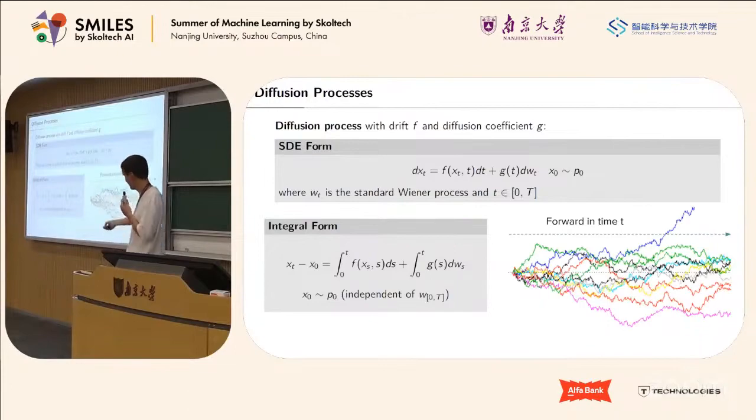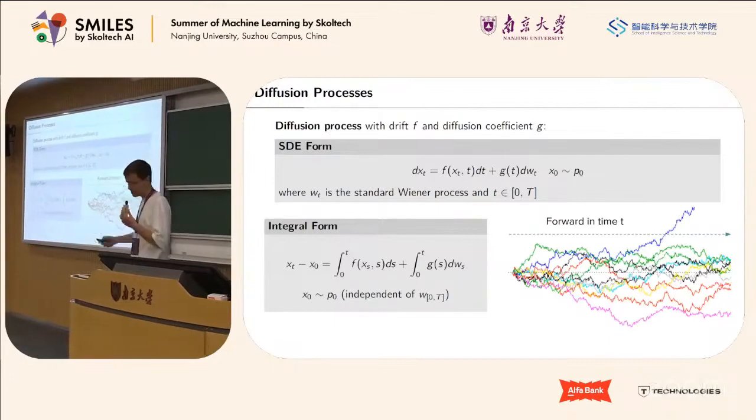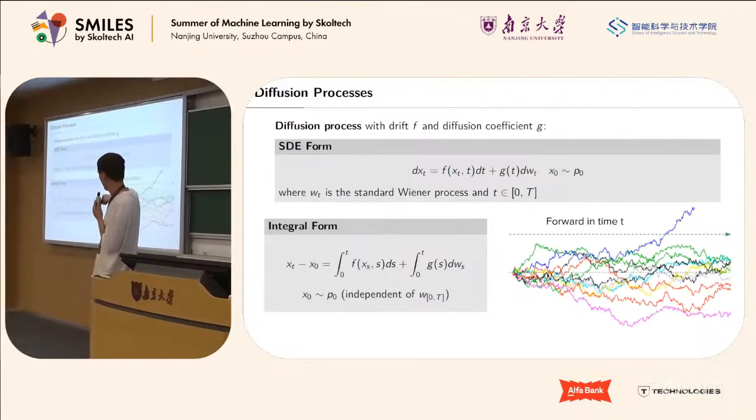What is complex about these integrals is that they depend on the previous trajectory, so taking such integrals is not trivial. This one is the standard Lebesgue integral. This one is the integral taken with respect to our random process.